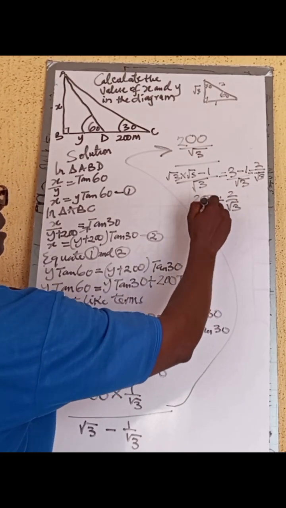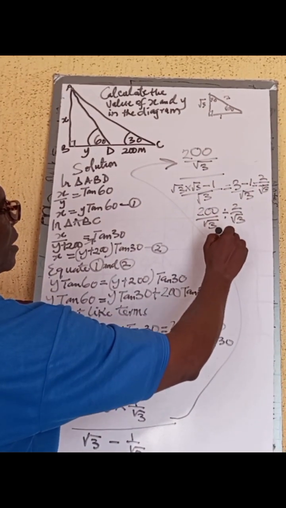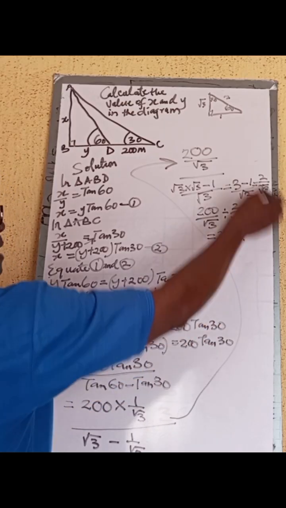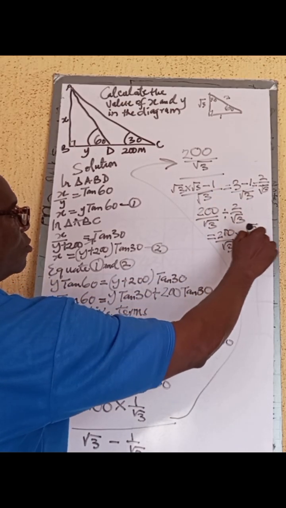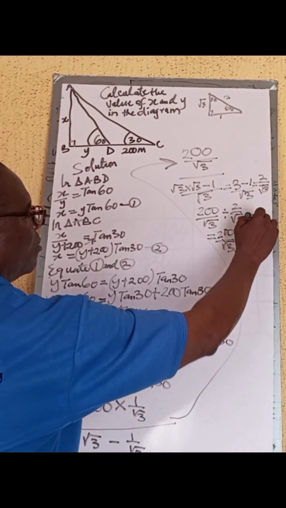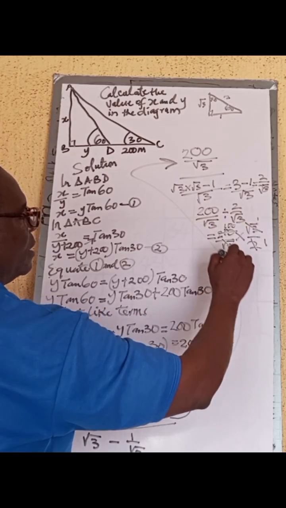We are going to notice here that 200 over root 3, change this divide to times. This one down will go up. So you have root 3 all over 2. So root 3 will cancel root 3, 1 and 1. 2 in 200 is 100.